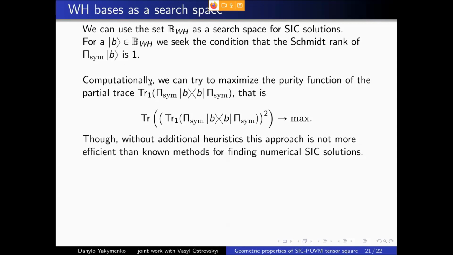Computationally, this means that we can try to maximize the purity function of the partial trace of the corresponding almost density matrix, right? I tried this way, but without some heuristics, this approach is, unfortunately, not very efficient for finding numerical solutions, so I can't present any new constructions, but I believe this way is promising.